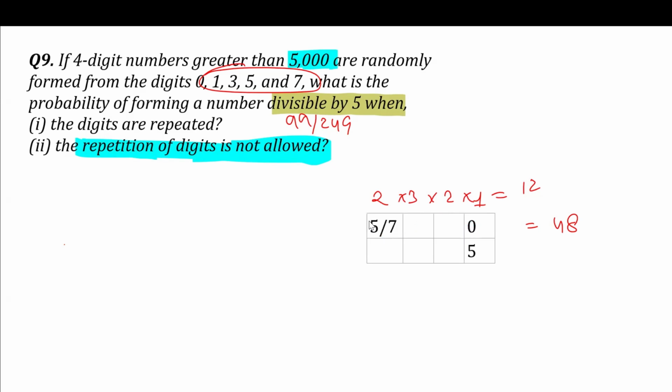Now coming to the next condition, that is the below one, where I have placed 5 over here for it to be divisible by 5. In that case, you can see that this slot has only one choice. As the repetition of the digit is not allowed, it can have only 7, right? It can have only 7.